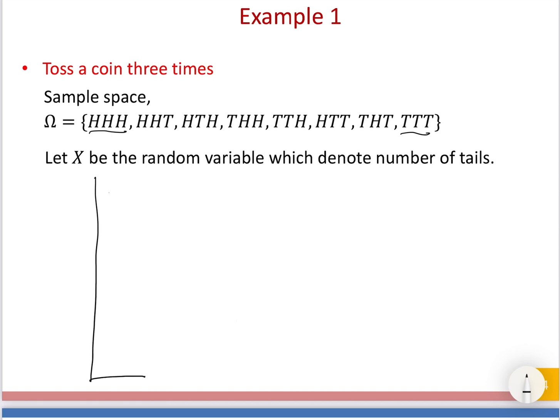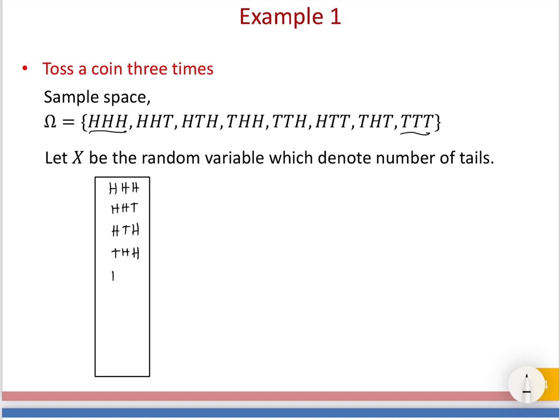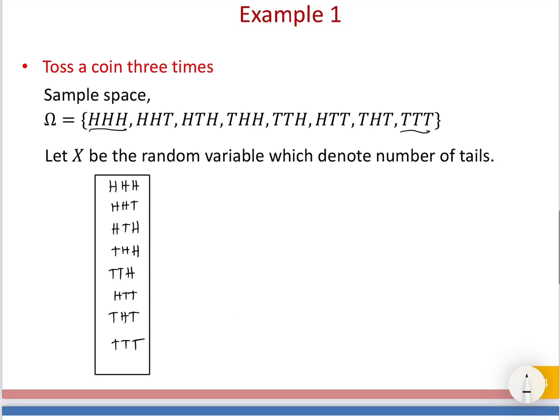Let me write all the outcomes explicitly here: head head head, head head tail, head tail head, tail head head, tail tail head, head tail tail, tail head tail, and tail tail tail. And we are given that X is a random variable which denotes the number of tails.